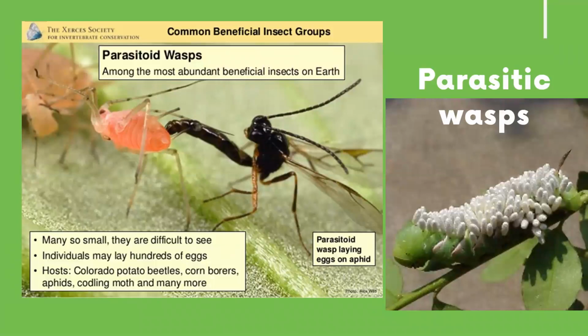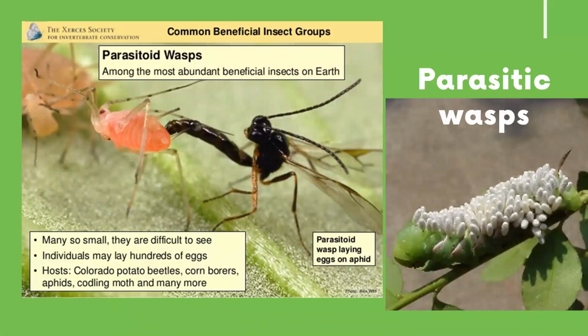Some of the more horrific beneficials, but they do a wonderful job at their job, are parasitic wasps. These guys you'll rarely see. They're very small. They buzz around very quickly. Once in a while, I'll get one caught on the screen of our house, and I'll let him go because I know what he is. They're tiny little wasps, and what they do is they lay their eggs inside pests.